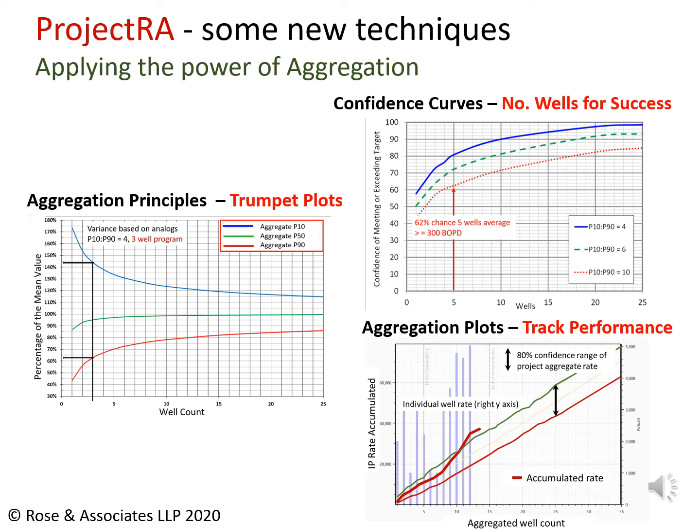As long as the cumulative actual results stay within that band, the assumptions around our type curve are valid. What we want to look for are plots that proceed outside of that band, which means that the assumptions around our type curve aren't correct. And we need to go back, recycle, and come up with a better set of assumptions.